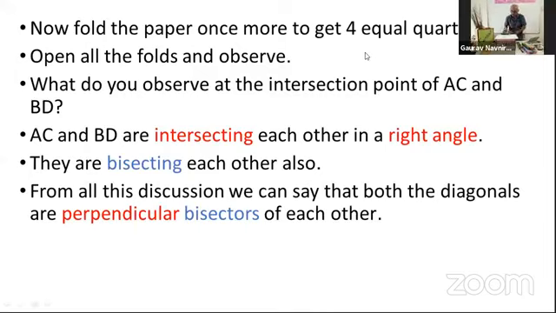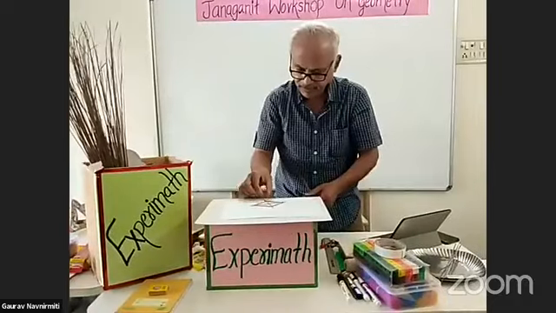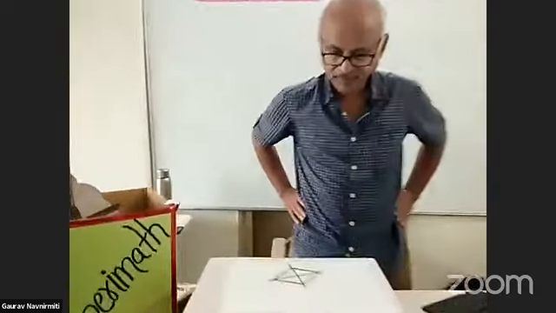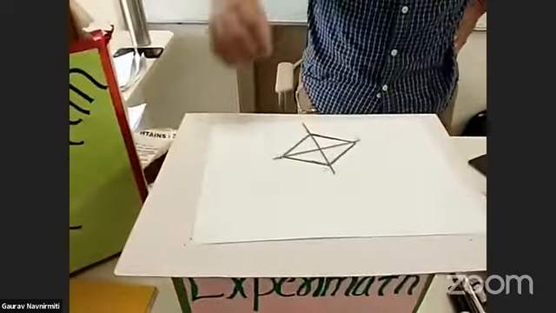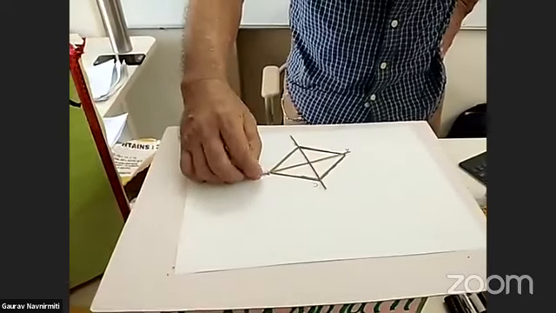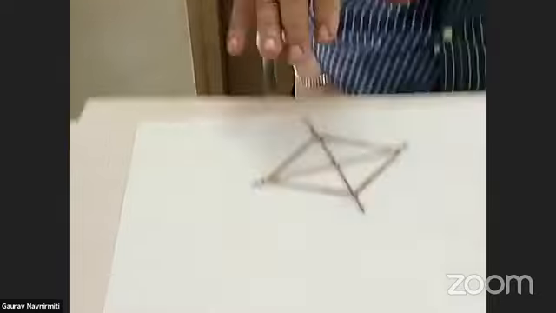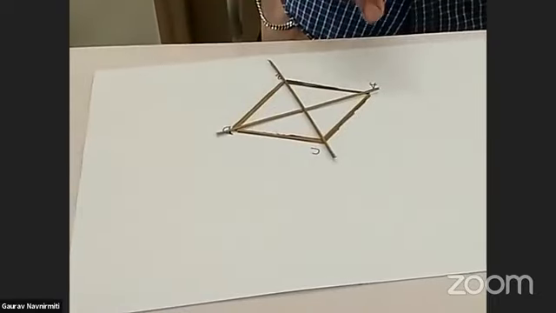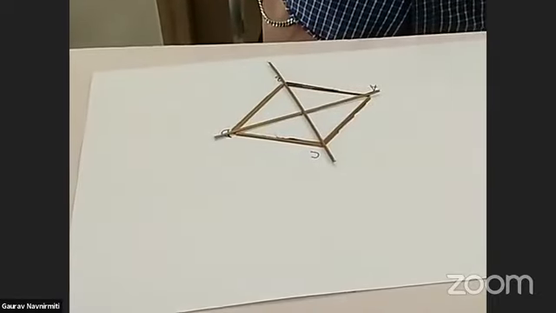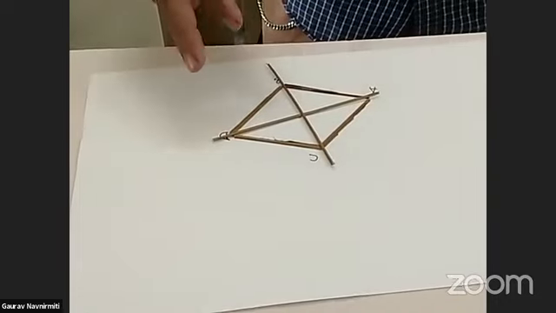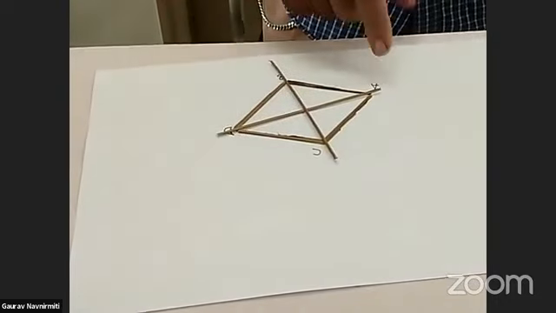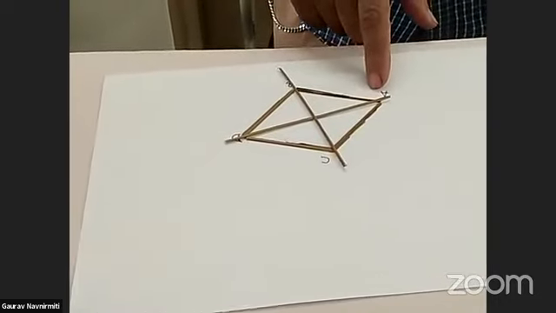I'm going to draw the other diagonal, BC. So when I make a rhombus ABDC, when I draw the diagonal AD, that bisects the angle at A.